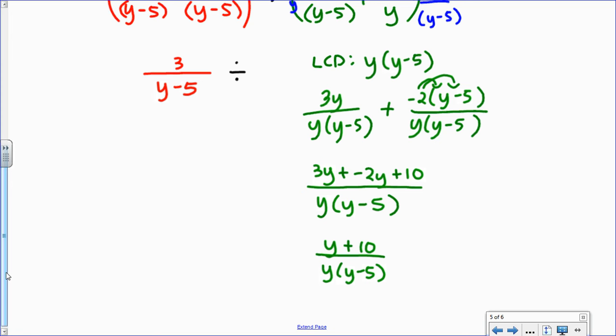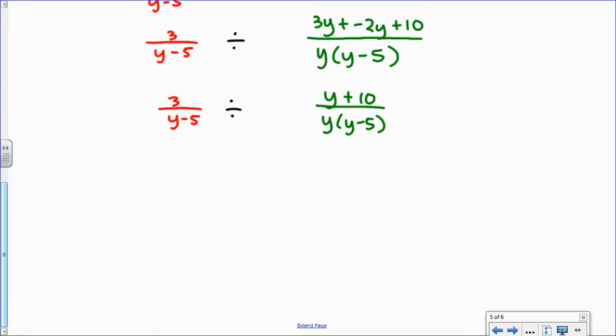Okay, I think that's simplified then. We good? All right, let me bring this one down now. Okay, so to divide, you have to multiply by the reciprocal.